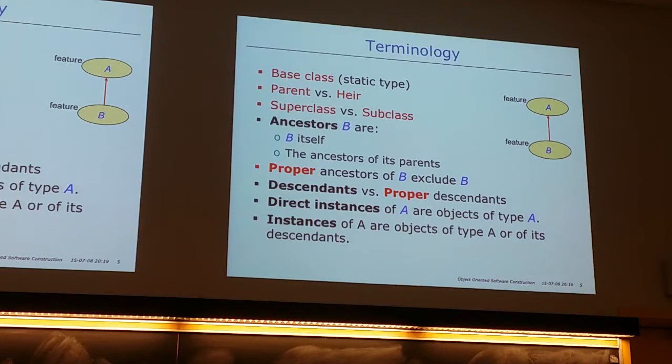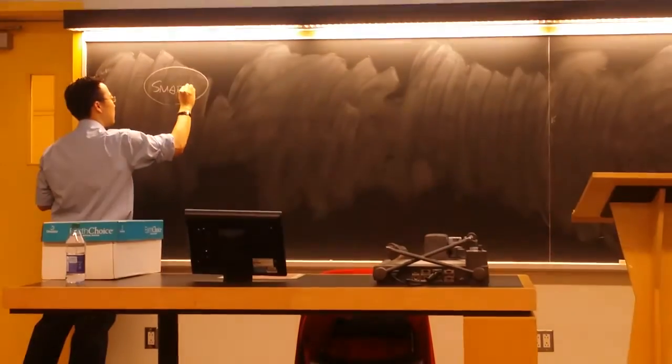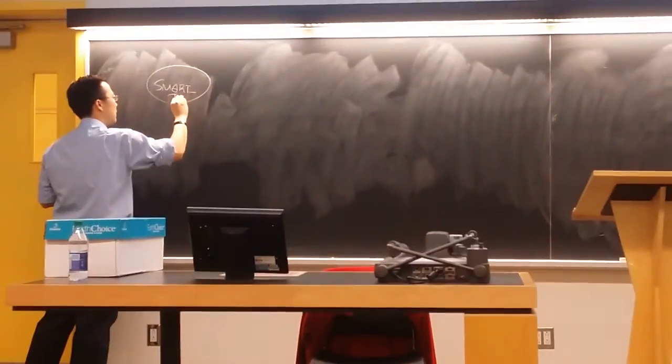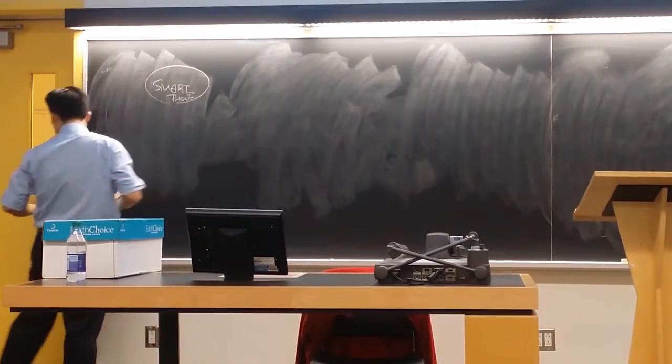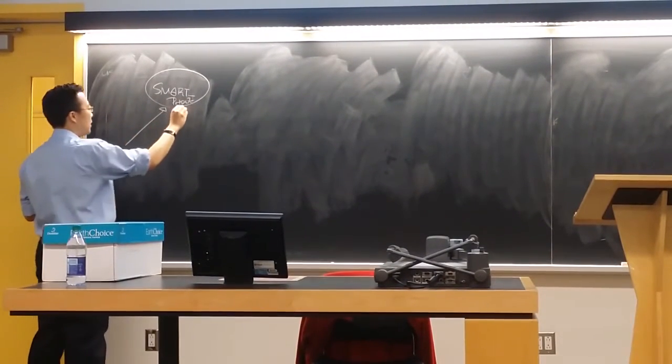The only thing I would like to mention again is the notion of base class. So basically, remember the class hierarchy I drew last time. So let's say if you have a smartphone, and we have some inheritance here.